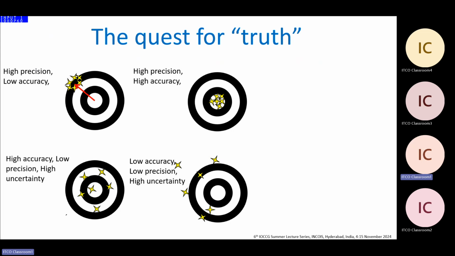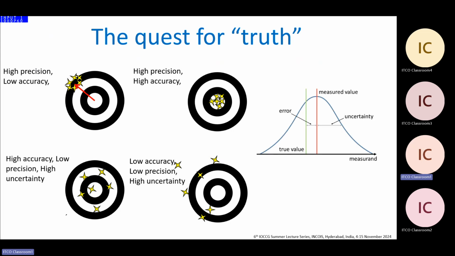But you can see that if you averaged all of those, you would get to the right value, so you still have a good accuracy. And finally, on the bottom right, it's all over the place, and even if you average all these values, you will be completely off the target value. So it's low accuracy, low precision. And in that case, high uncertainty, and in the other case, on the left, high uncertainty. Sorry, it's high uncertainty in the two.